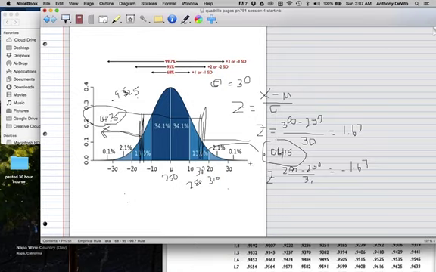That is the probability of selecting someone that's in these tails, right? 0.0475 each. When I add those two together, the probability of choosing someone from either one of those tails is going to be twice that, 9.5%.